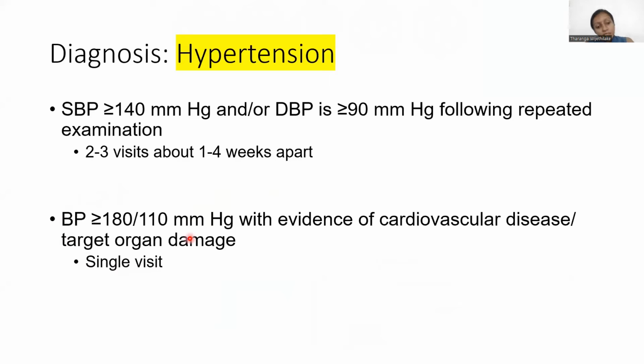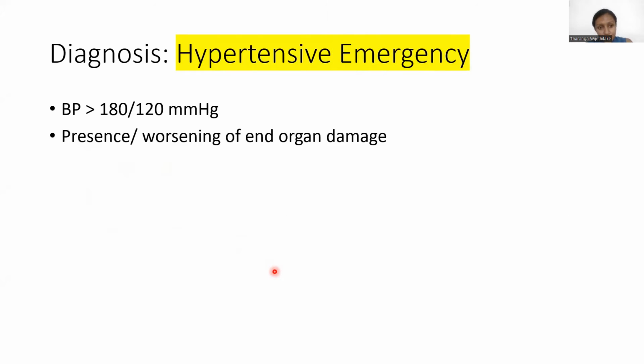Now, this is actually a good indication to transfer a patient from a peripheral hospital to a central hospital, because this pressure associated with target organ damage represents hypertensive emergency.